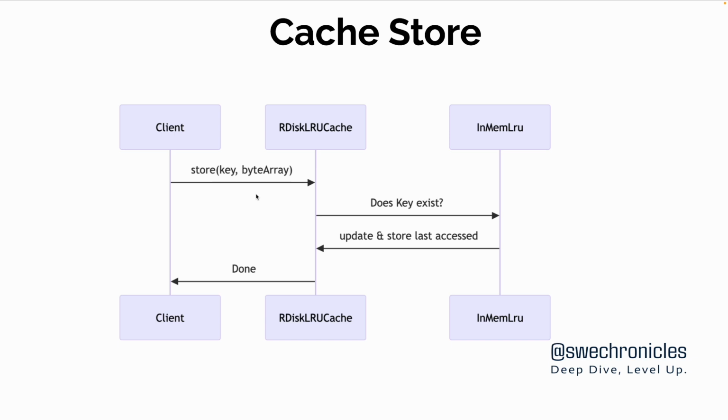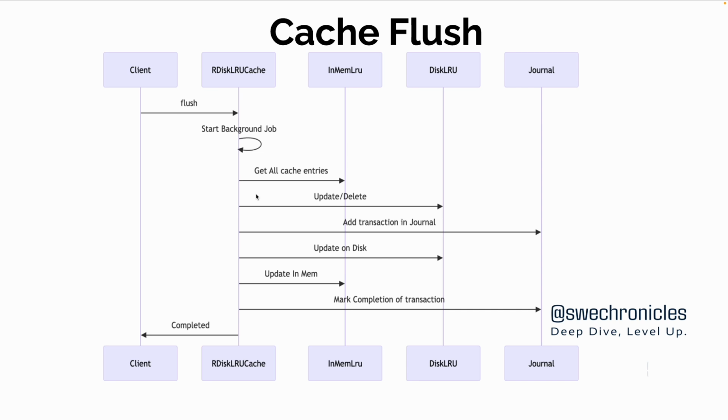Now we outline the steps involved in a flush operation. The flush process involves synchronizing the in-memory cache with the on-disk cache to prevent any data loss. The first step in the process is when the client requests a flush operation. A background task is created and run by the DiskLRU cache to flush all the data asynchronously, preventing the main thread from blocking.